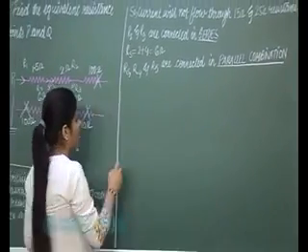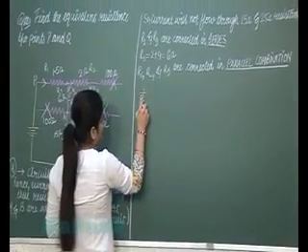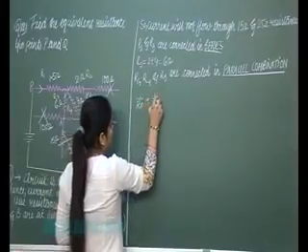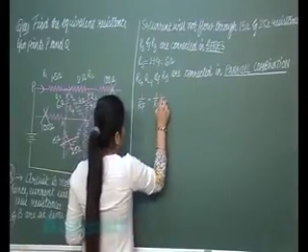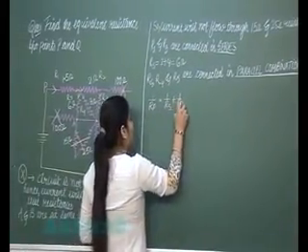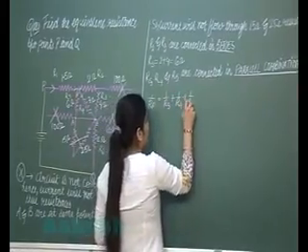Therefore, student, we get the equivalent resistance as 1 by Rp equal to 1 by Rs plus 1 by R4 plus 1 by R5.